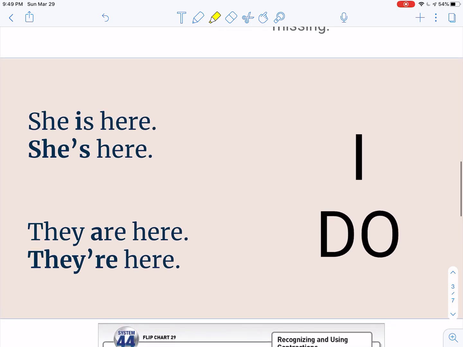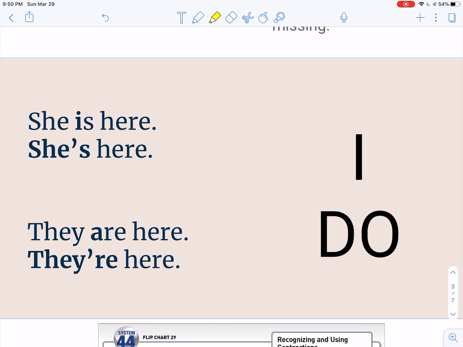All right, now let's take a look at these sentences. Remember, a contraction is a short way of joining two words into one word with letters left out. I can figure out the meaning of a contraction if I know the words that were put together and the missing letters. Now I'm going to show you some contractions with is and are.